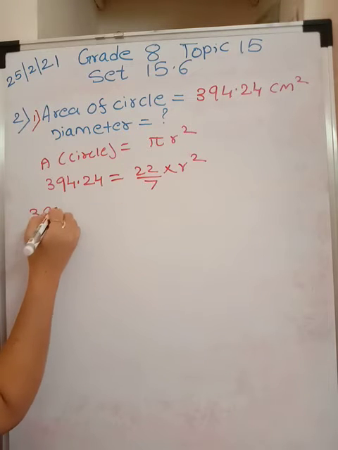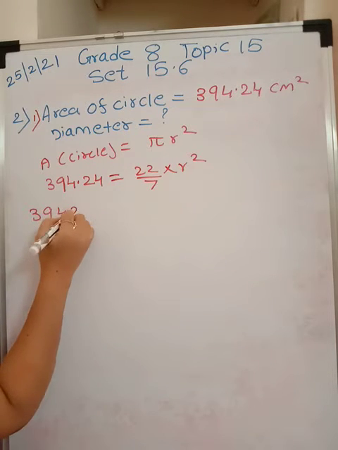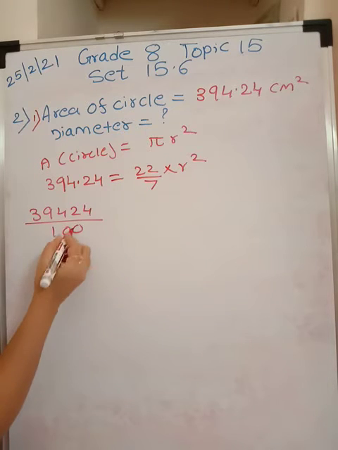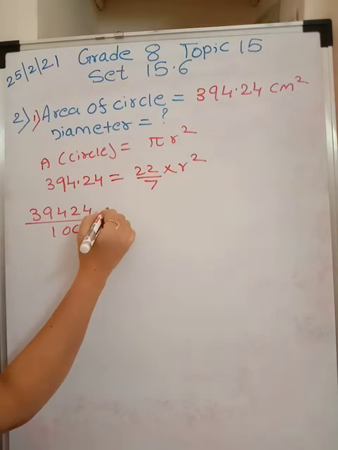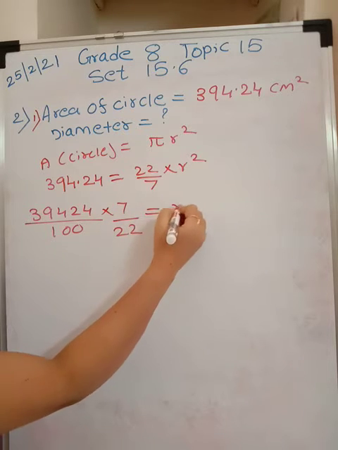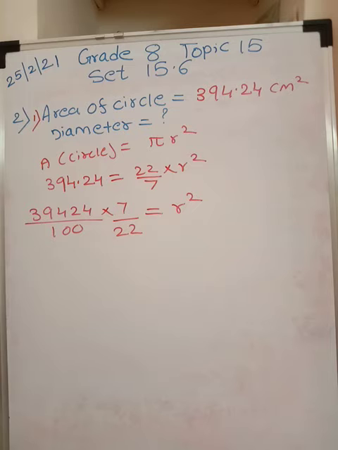So you have 394. Now I am writing this 24 upon 100. It is same as this. See, after two numbers point will be there. Into 7 upon 22 is equal to r square. Alright. So first we have to carry out this division and check if it is divisible by 22. So let us do the division.